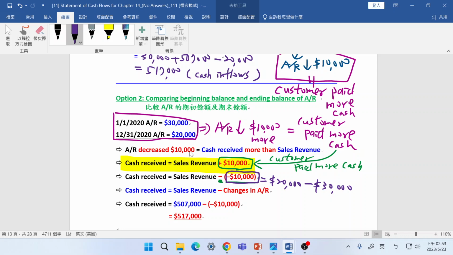Negative change in accounts receivable. Change in accounts receivable means ending balance minus beginning balance. Okay?